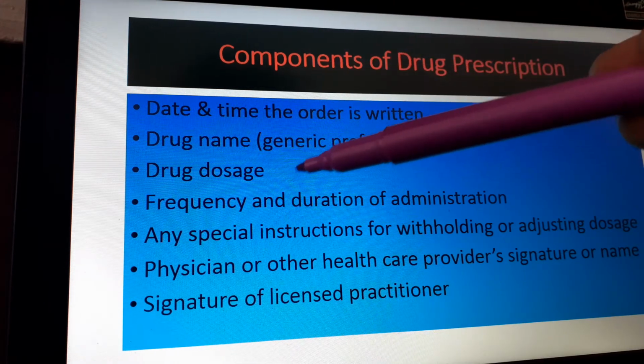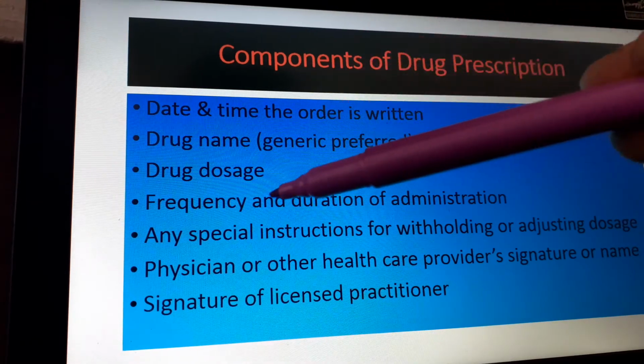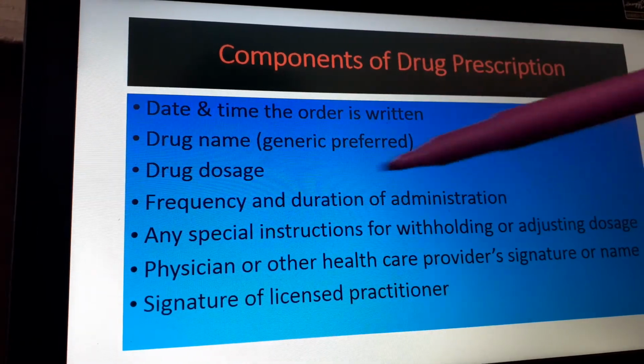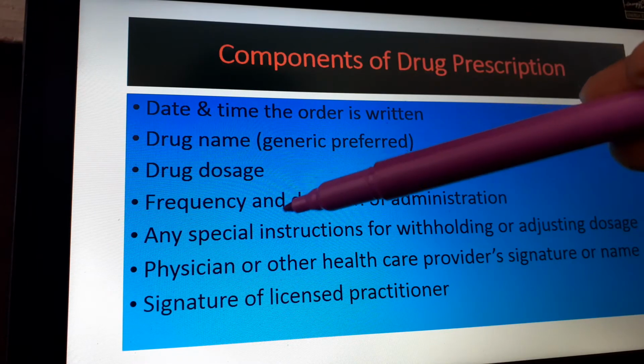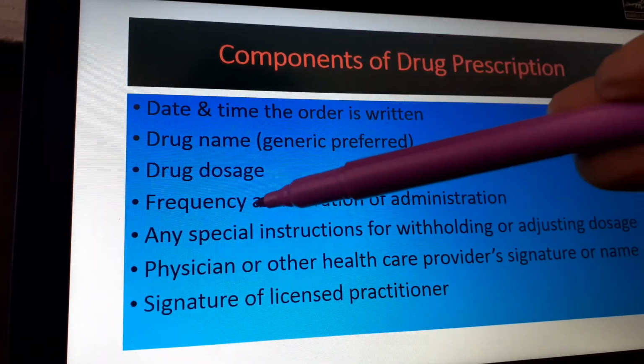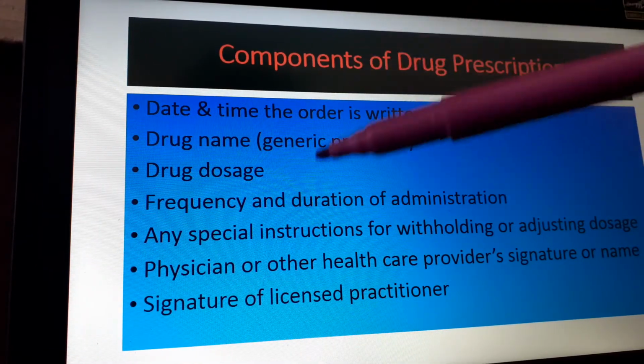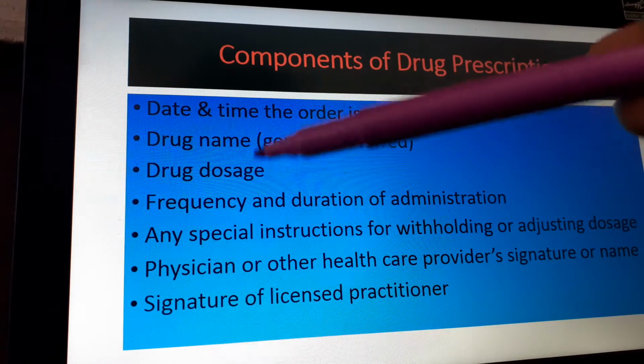The drug dose is the amount of drug that is going to be administered. The frequency and duration of administration: when we say frequency, we mean how often the drug is going to be taken, whether one time a day, 2 times, 3 times, once, or when necessary.